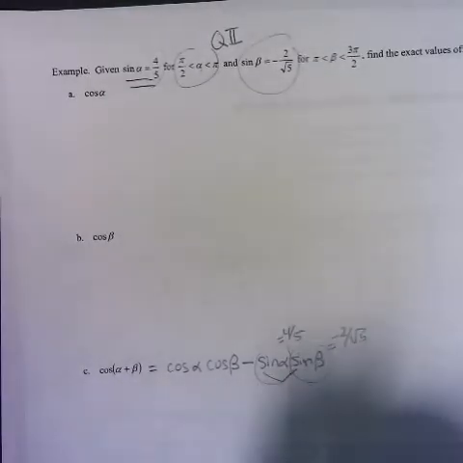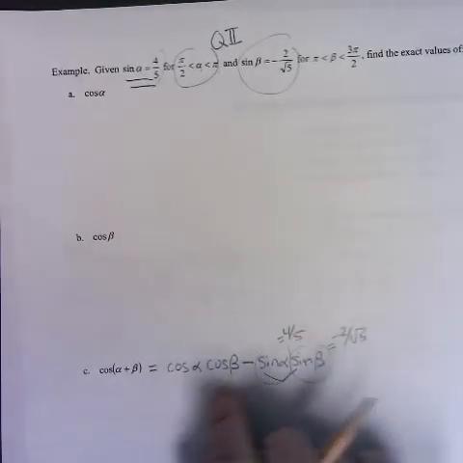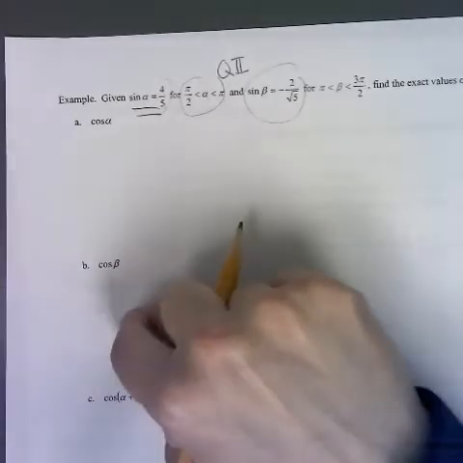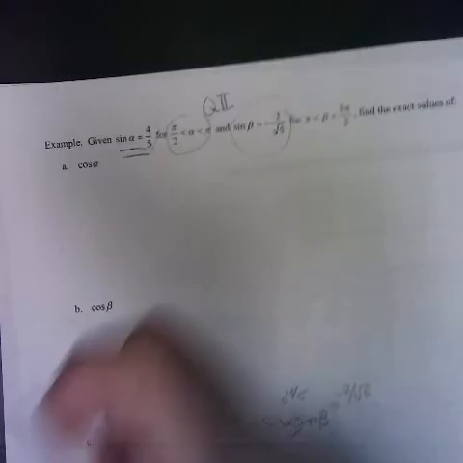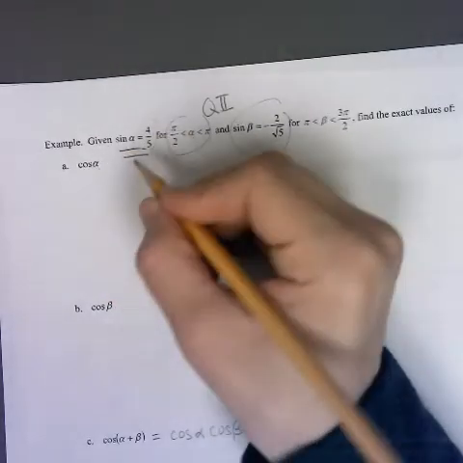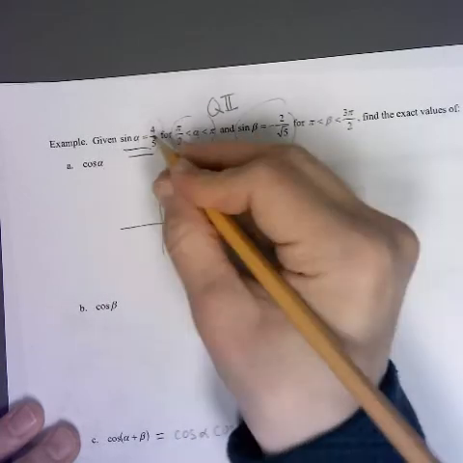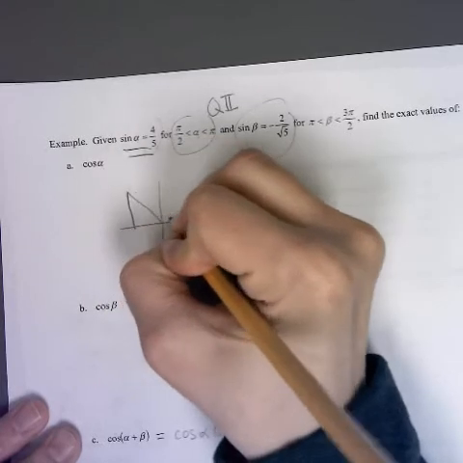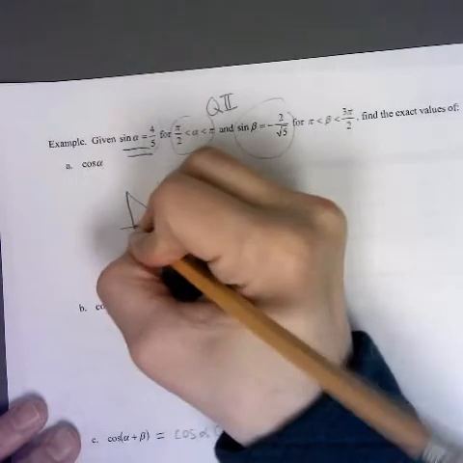Okay, so we know we can calculate this term, but we don't know this term. So that's why I have these two. We're going to find those here. When we get those, we can just plug them in. So for this cosine of alpha, we need to use the fact that the sine of alpha is 4/5 and alpha is in quadrant 2. It's important to draw this in standard position, and remember that cosine is negative in quadrant 2.